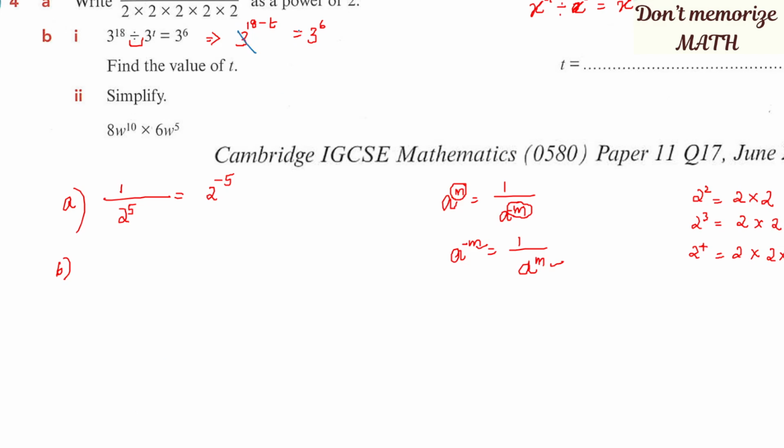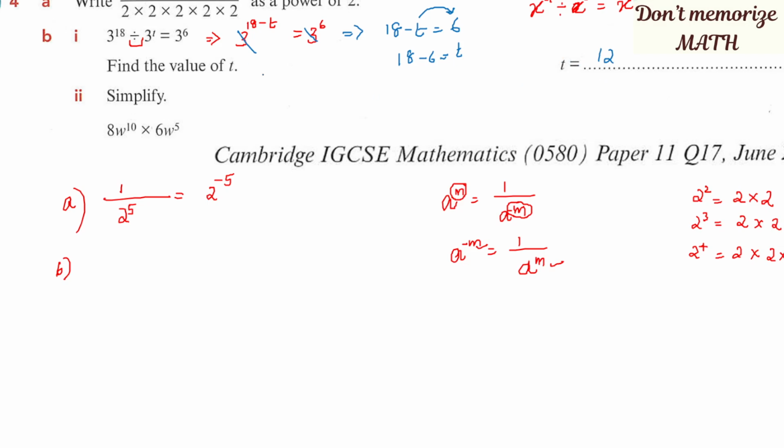So 3 and 3 you can cancel, and you will get 18 minus t is equal to 6. 18 minus which number is 6? It is 12, right? Otherwise, move the minus t to the right side, it will become plus t. Move the 6 to this side, so t will be equal to 18 minus 6, that is 12.